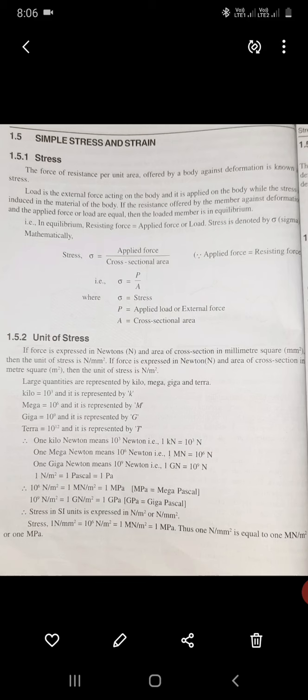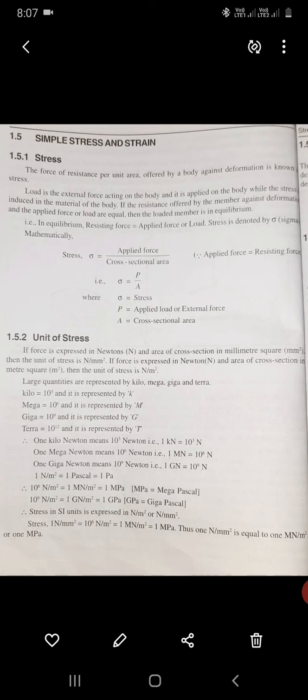Mega means 10 raised to 6, represented by capital M. Giga means 10 raised to 9, represented by capital G. Tera means 10 raised to 12, represented by capital T. 1 kilonewton is 10 raised to 3 newtons, that is 1000 newtons. 1 mega newton is 10 raised to 6 newtons. 1 giga newton is 10 raised to 9 newtons.